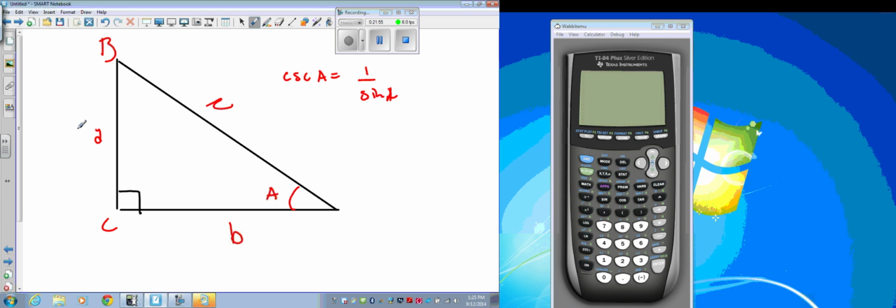C over A, inverted, right? And then you just use your identities to figure these things out. The secant of A is 1 over the cosine.